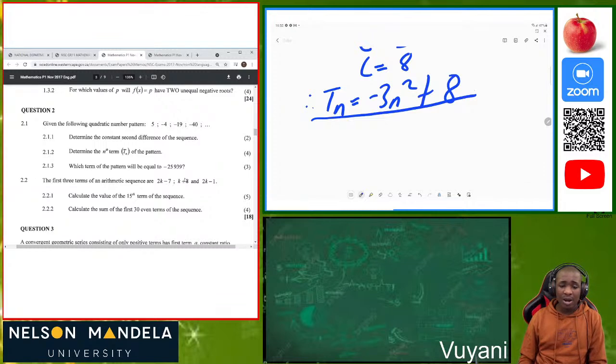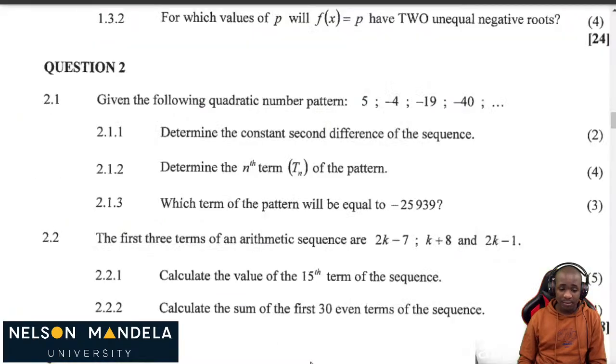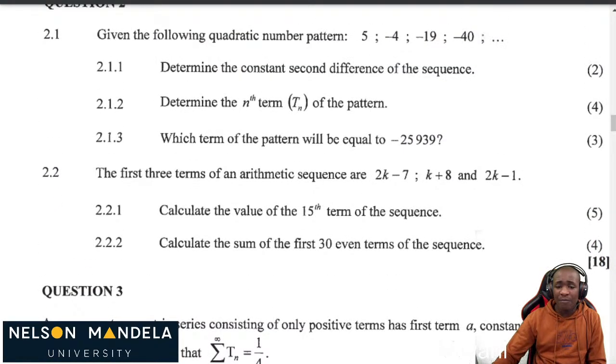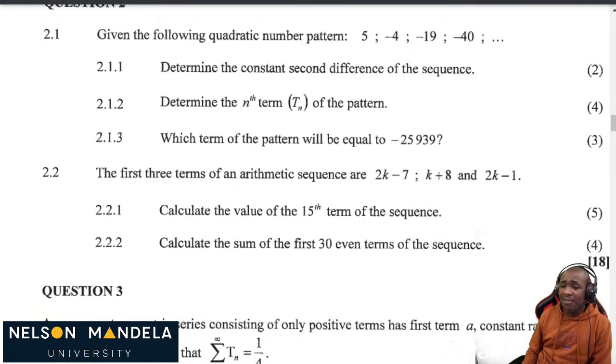Now the following question is asking us to determine which term of the pattern will be equal to negative 25,939.